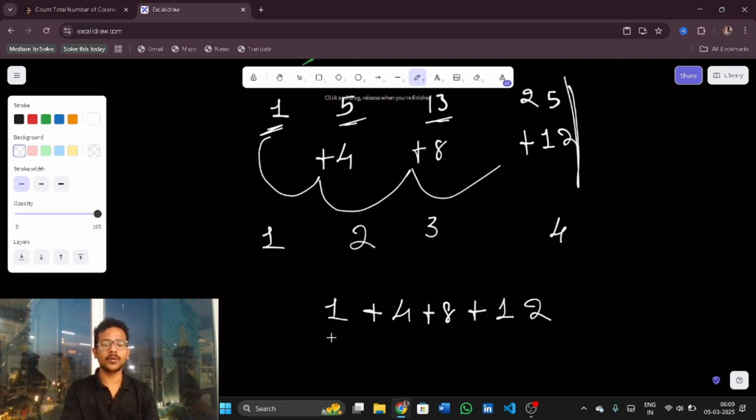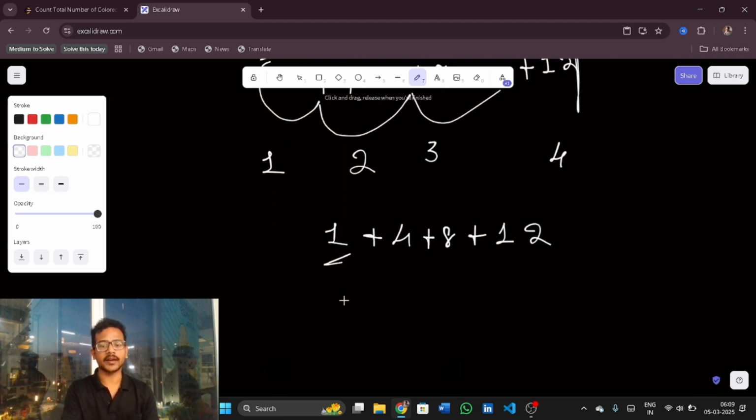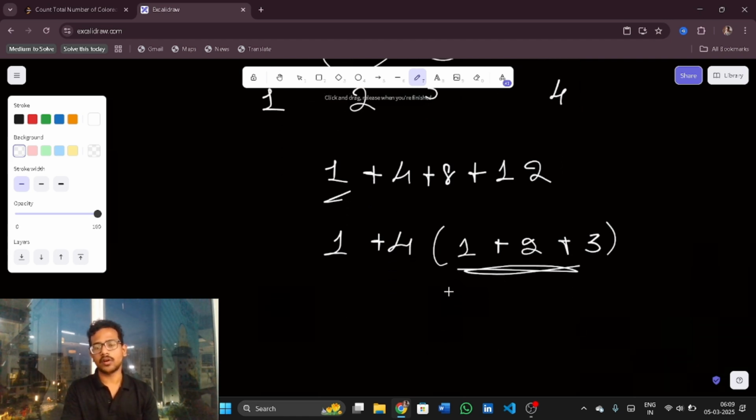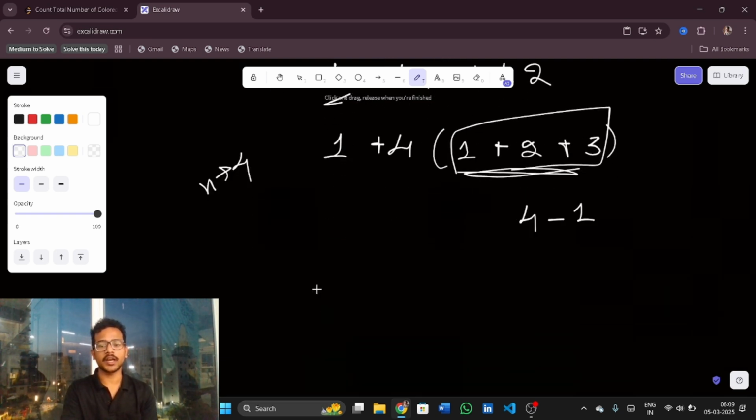So I would take this out and take the 4 as common. 4 for one time, so 4 into 2, 8, and then 4 into 3, 12. So this iteration would be for 4 minus 1. If you remember, my n value is 4. So this is the sum of n minus 1 elements.